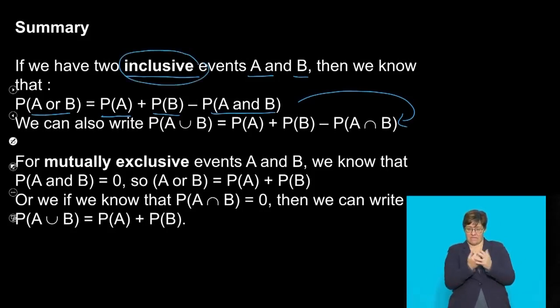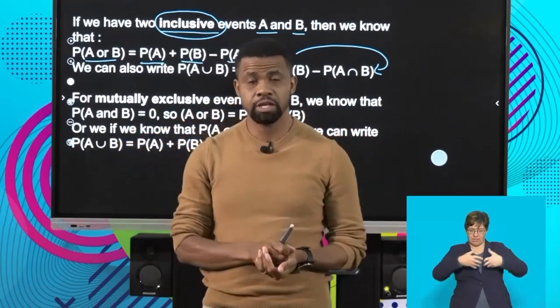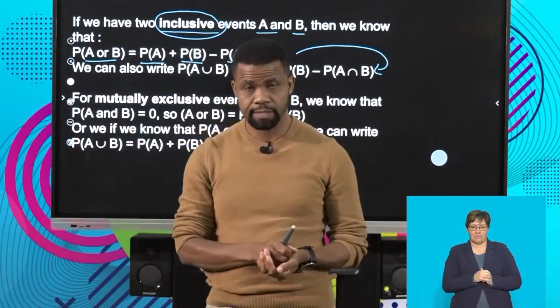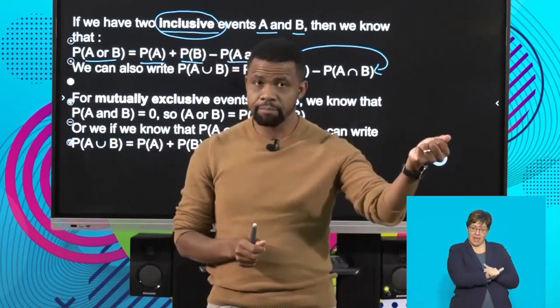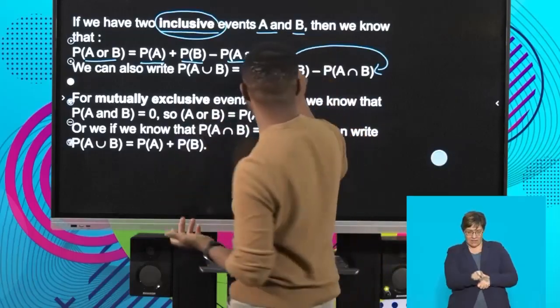So you have event A and event B, and the probability of A plus the probability of B minus the intersection, which is this part.